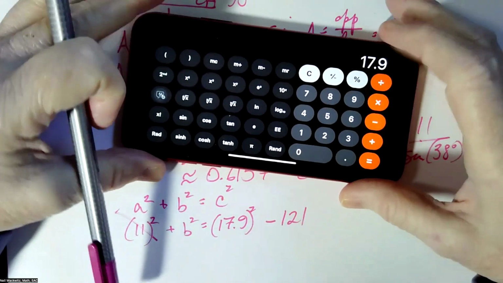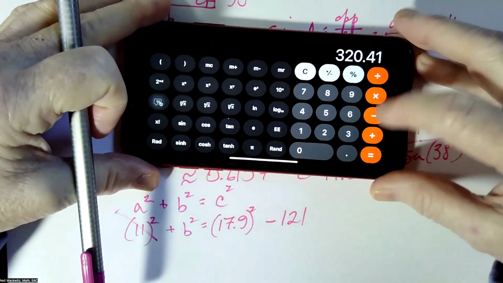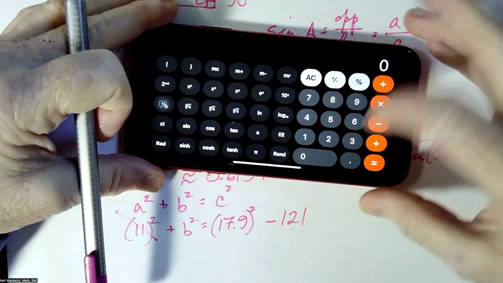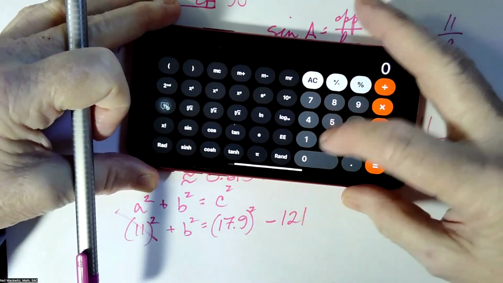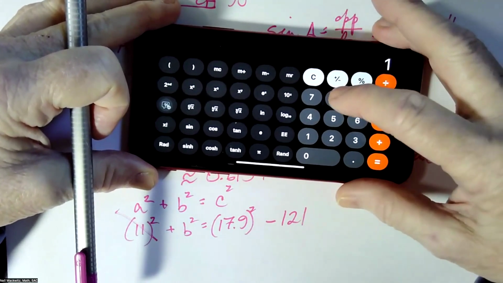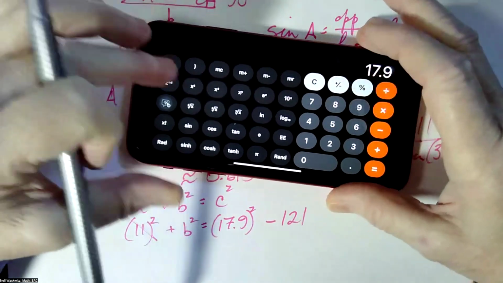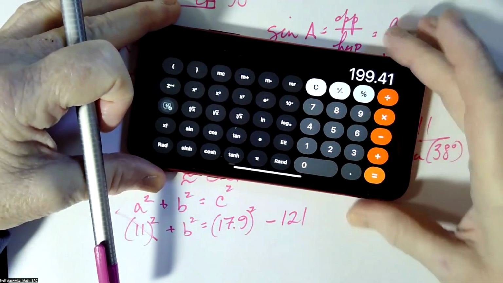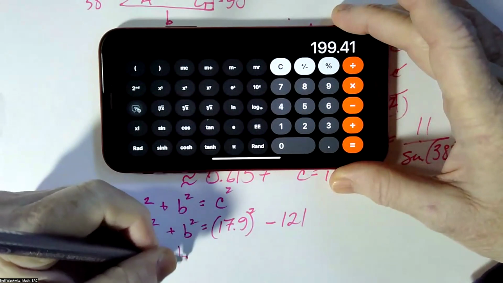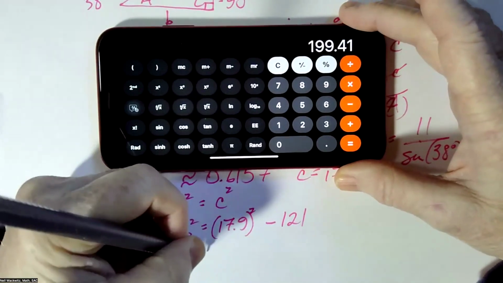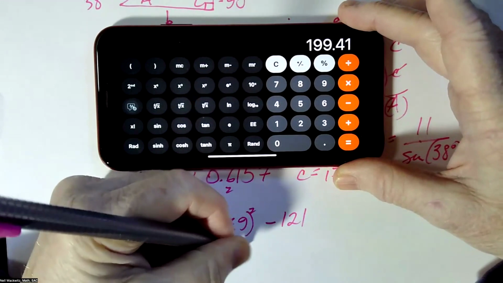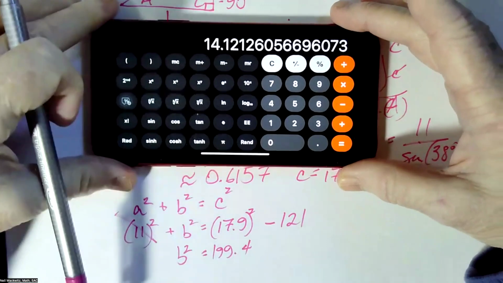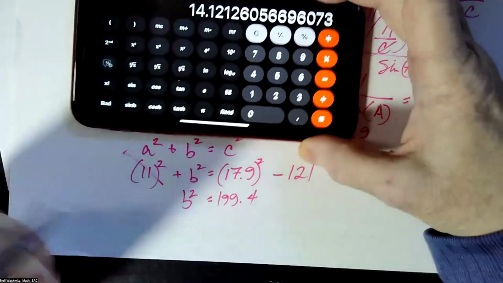So let's see. 17.9 squared minus 121. Now, okay, so B squared is 199.4, and I'm going to take the square root of that, and I get that B, and I'm going to use 1 decimal place.